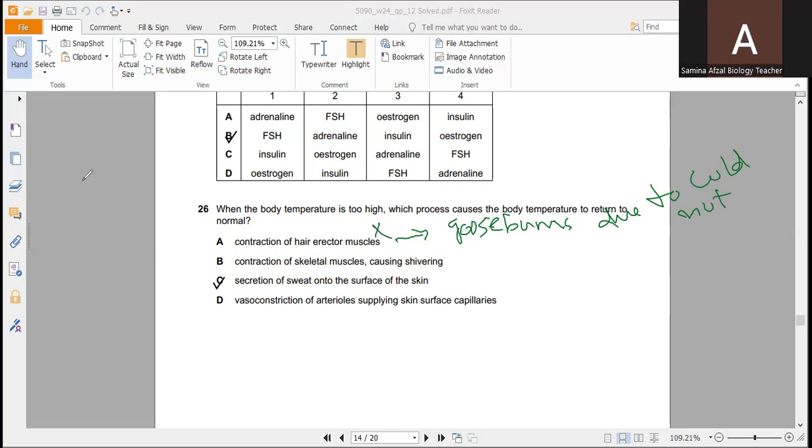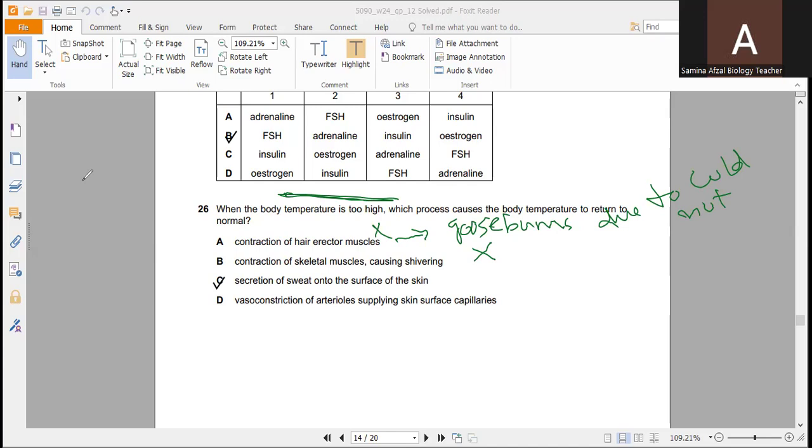And the next statement is contraction of skeletal muscles causing shivering. Shivering is also a response to cold. We are talking about temperature that is too high. So third is secretion of sweat onto the surface of the skin. Yes, this is the correct option.